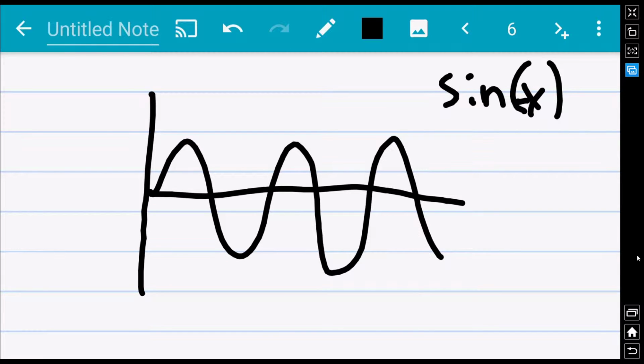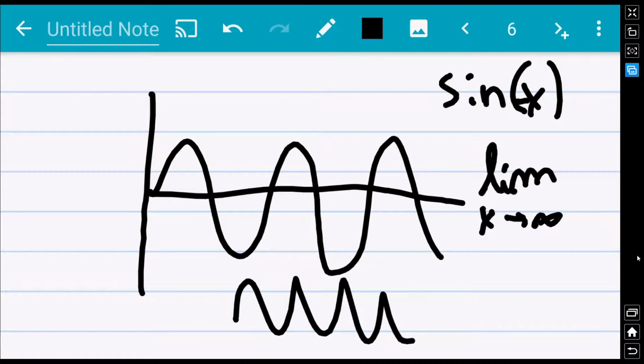Well, the limit as x approaches infinity, what is it? It's always going to do this oscillation. It's always going to go up and down. It's never going to actually go to 0 or 1 or negative 1.